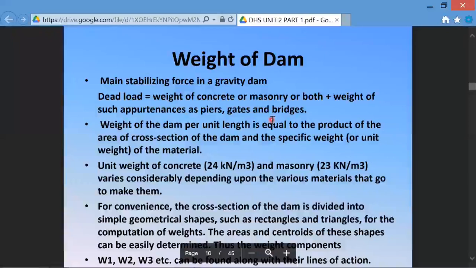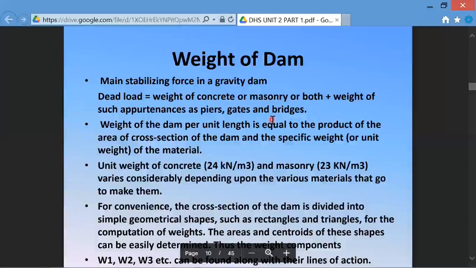If your dam is made up of concrete or masonry or both, then the density of the material multiplied by the volume will be your weight, right? Because the formula for weight density is equal to weight divided by volume. Therefore, weight will be equal to weight density multiplied by the volume.